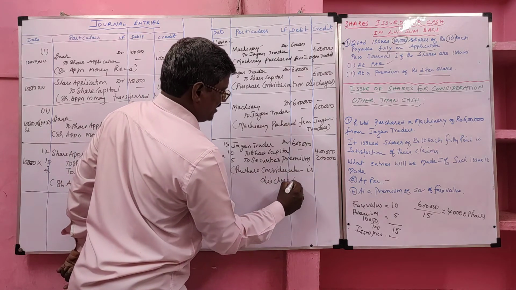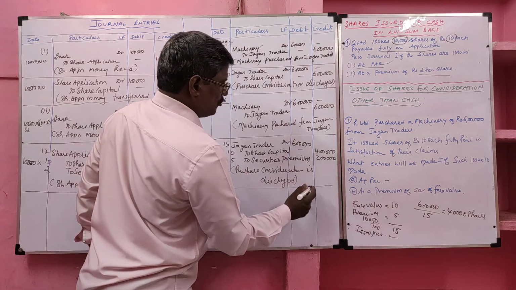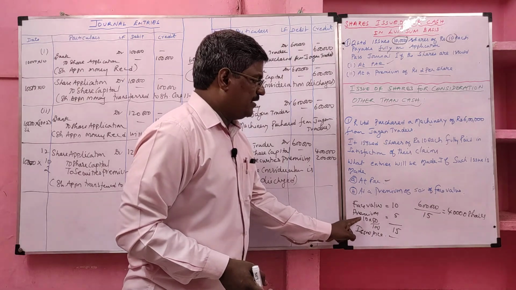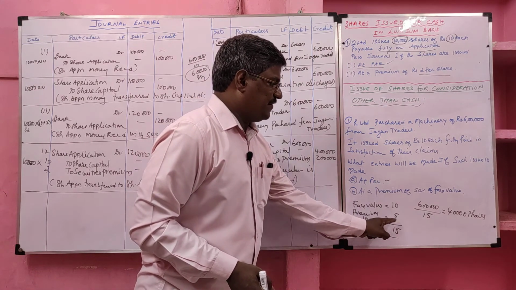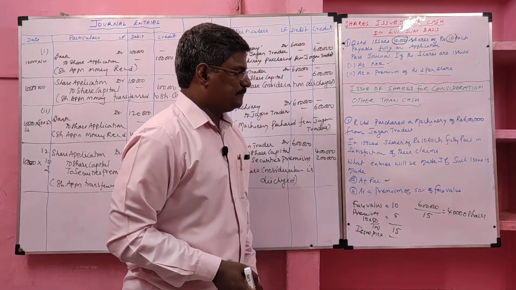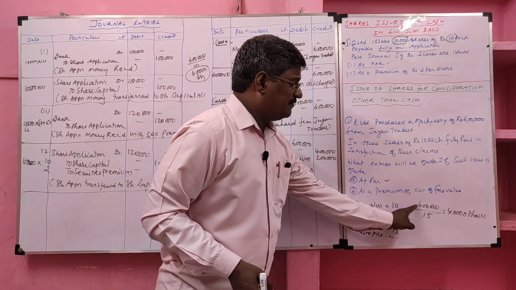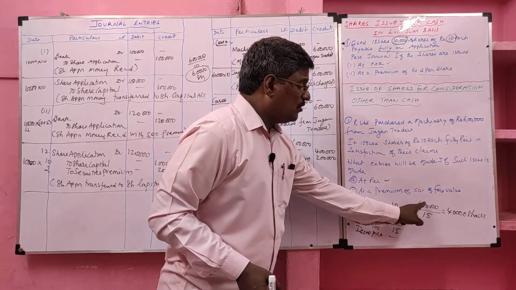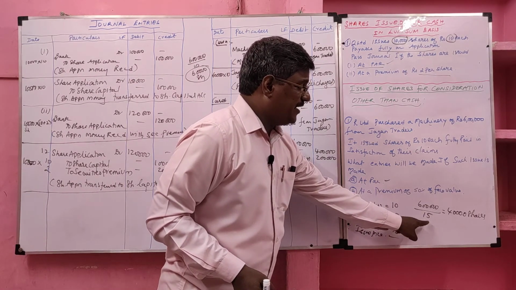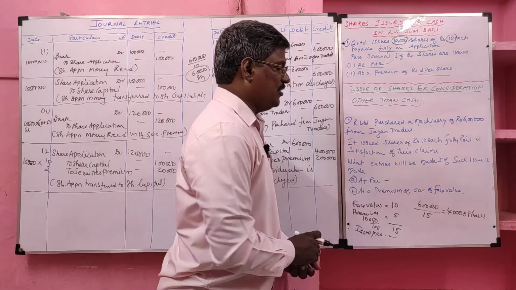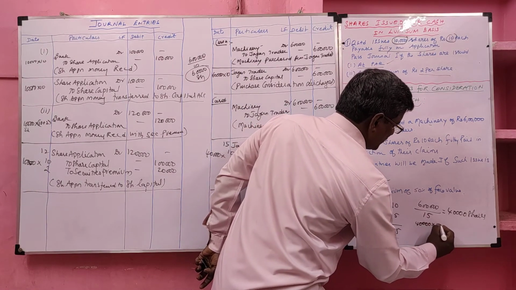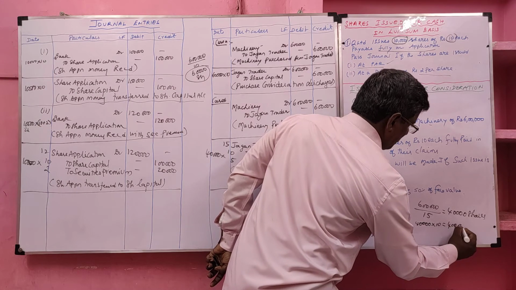Once again students, here we have to find the total number of shares. The face value of share 10, premium 50% of the face value 5. Now the issue price is 15. Total value of the machine 6 lakh, each share issue price 15. So total value of the machinery divided by issue price will give the number of shares issued. Number of shares issued into face value will give share capital.